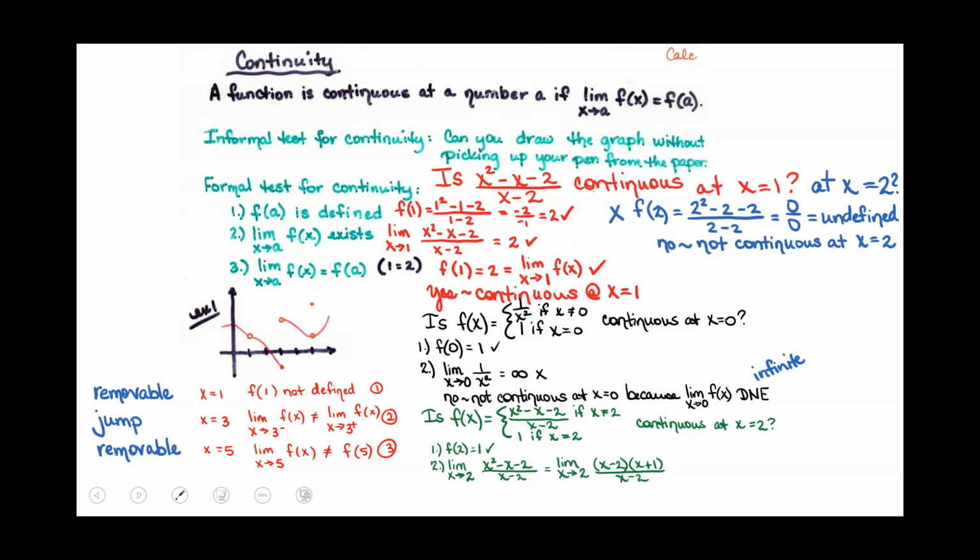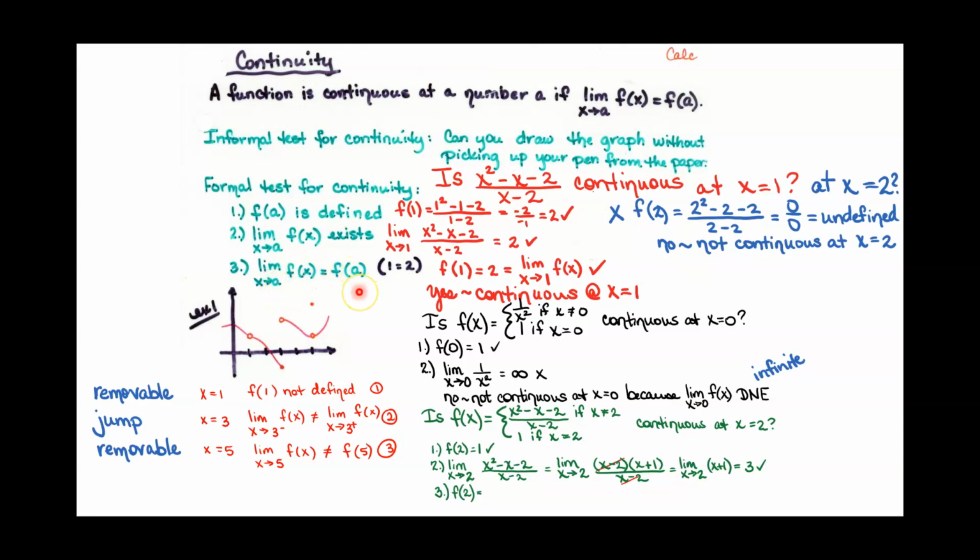So let's factor that numerator, and then we can cancel the x minus 2 in the numerator and the denominator, and that would leave us with just the limit of this polynomial. And again, polynomials are well behaved. We can use direct substitution. So when I plug in, I find out that the limit does exist, and that it's 3.